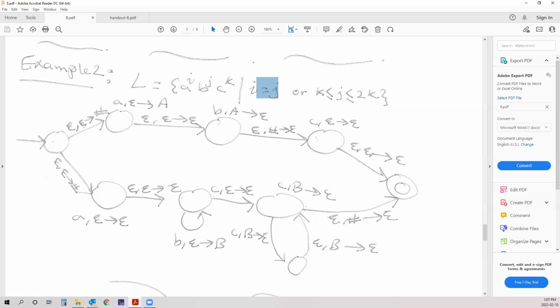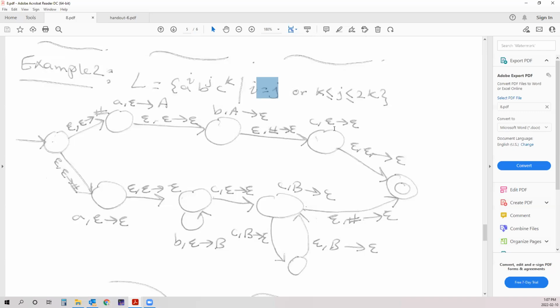We start with epsilon, hash, to start with the stack, and this is the bottom of the stack. Then we read the a, epsilon a, and we keep pushing a's. Then we move with epsilon to start reading the b's. At each b, we pop an a to make sure that the number of a's equals the number of b's.